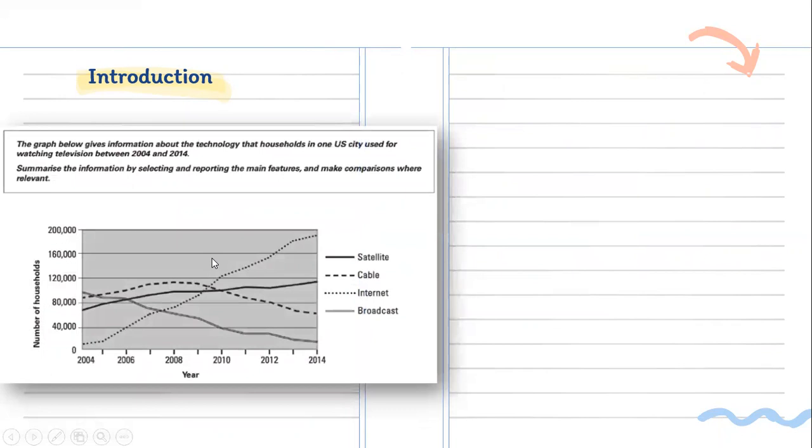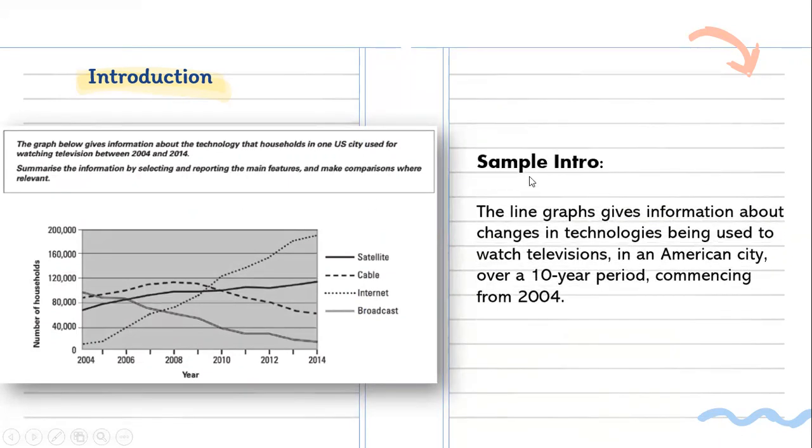So let's have an example for it. Look at this. This is the first graph of the technologies being used to watch TVs in the US. You can have a sample intro here. Before I start, I just want to say that all of the sample answers here are written by myself, so if there are any mistakes, you can raise a hand or just call me to correct it.